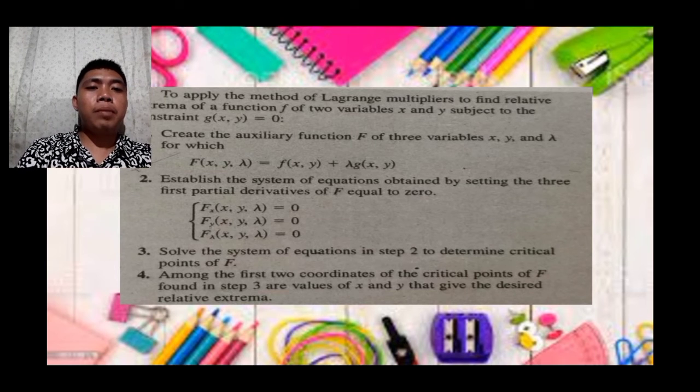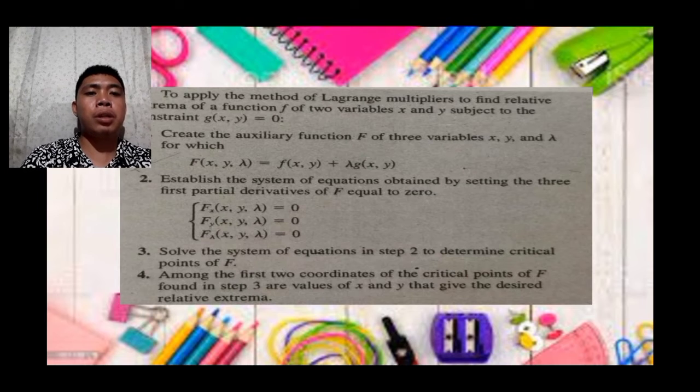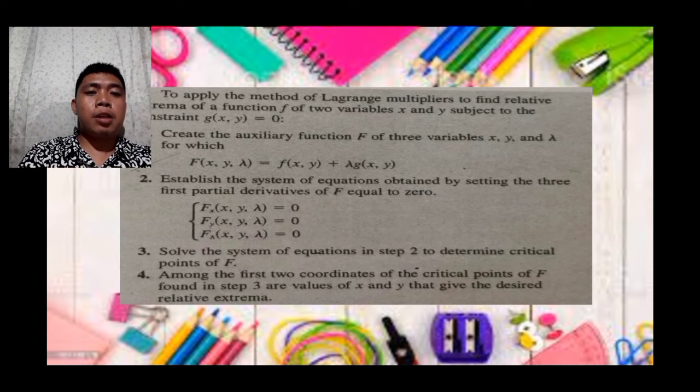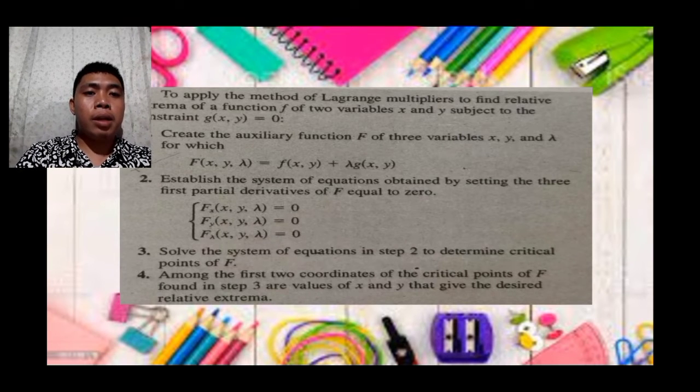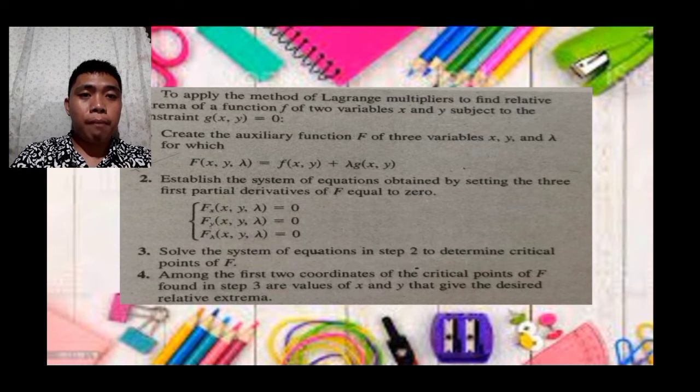Second, establish the system of equations obtained by setting the three first partial derivatives of F equal to 0. F sub x of x, y, lambda is equal to 0, F sub y of x, y, lambda is equal to 0, F sub lambda of x, y, lambda is equal to 0.